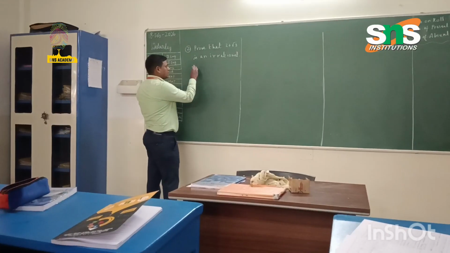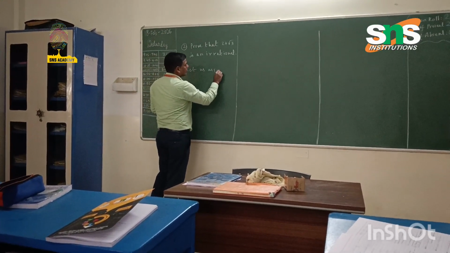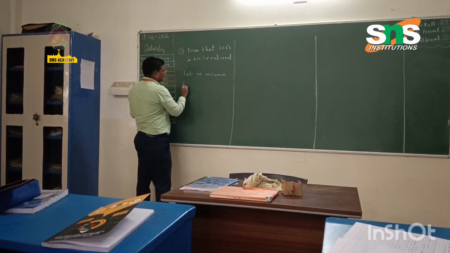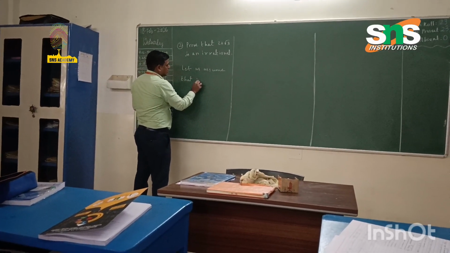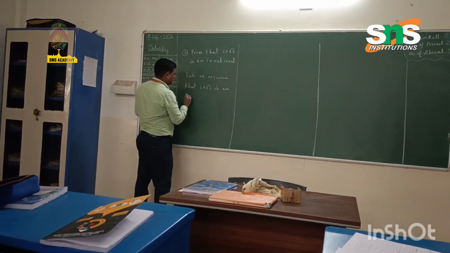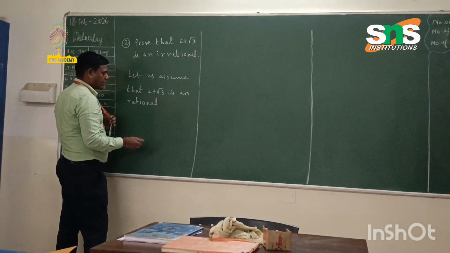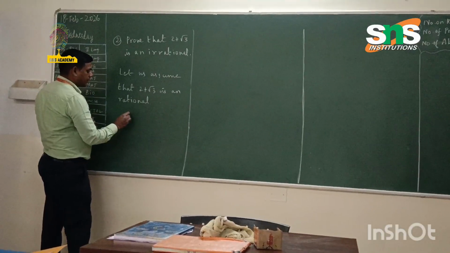So first, the same thing we'll write: let us assume that 2 plus root 3 is a rational number. The same thing, the definition, everything we will write. Only the numbers alone will be changed.